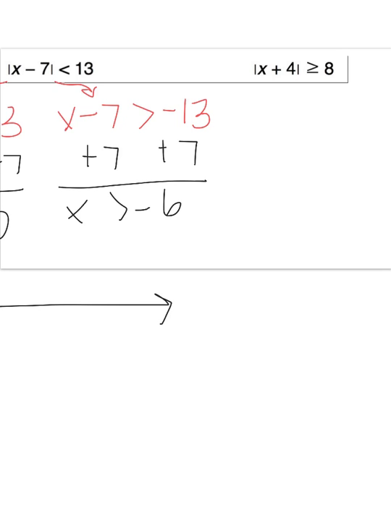When I graph this, I'm going to do negative 6 on the left, 0 in the middle, and 20 a little farther away. So for x is less than 20, I would do an open circle shaded to the left. And for x is greater than negative 6, open circle shaded to the right.